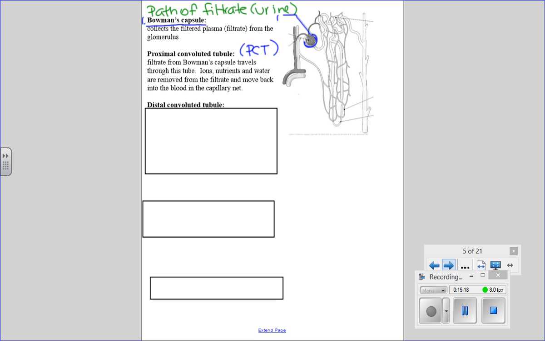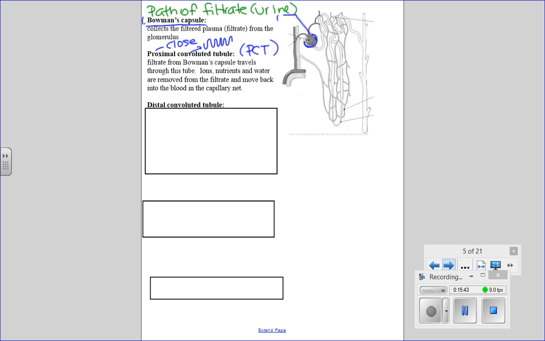It's called proximal because proximal means close. So the proximal convoluted tubule is the one that's closer. You'll see the other one is called the distal convoluted tubule. That's because it's farther away. Convoluted is discussing its shape, the fact that it's all bendy and windy.